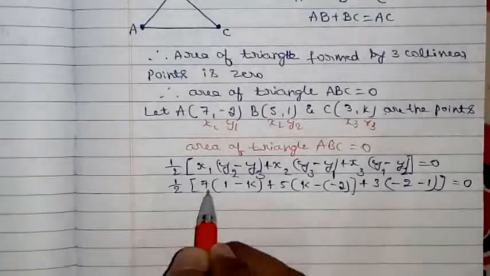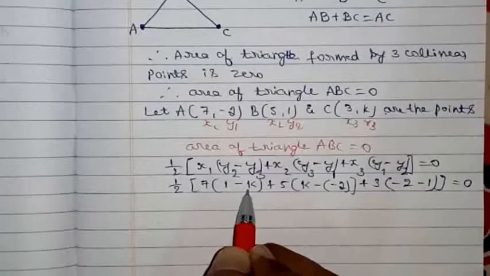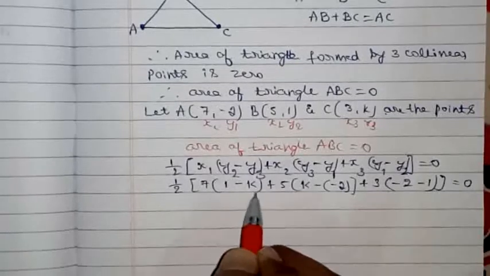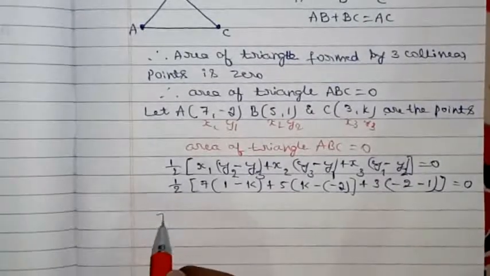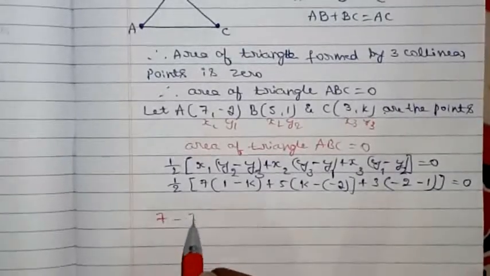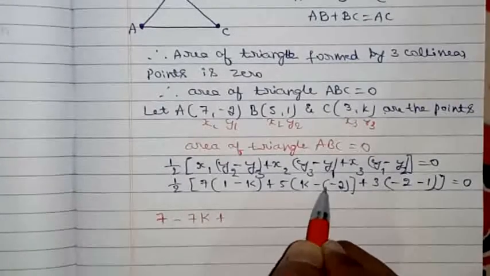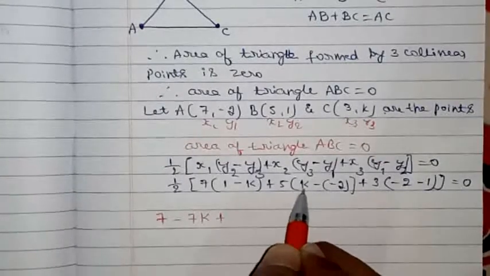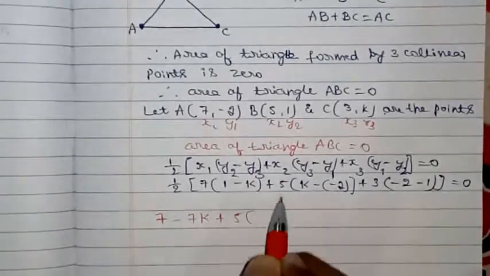Here k is a variable, so multiply 7 to this binomial. 7 into 1 is 7, minus 7 into k is 7k, right? Here plus, here minus is there, so I'll keep the 5 as it is. I'll simplify this first, afterwards I will multiply it by 5.